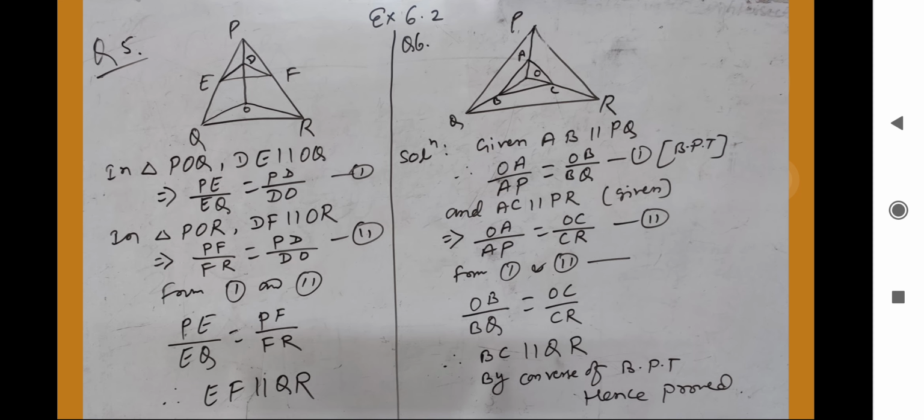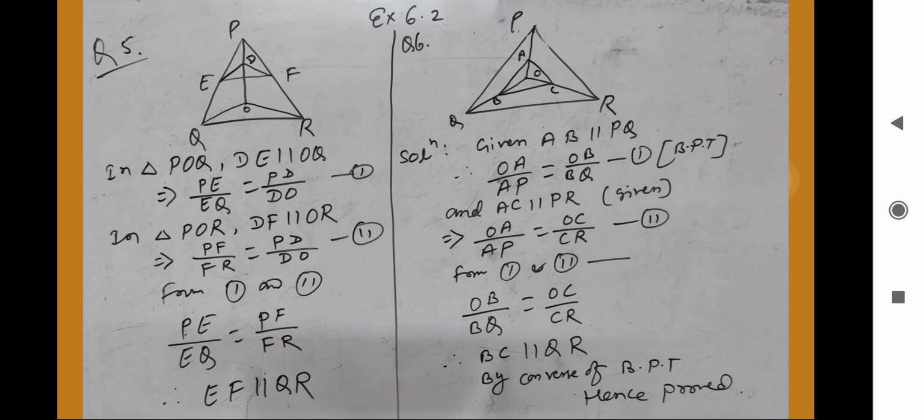And in triangle POR, it is given that AC is parallel to PR. So we can write OA by AP is equal to OC by CR.